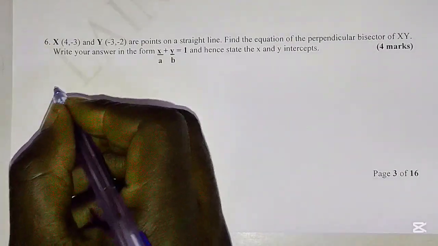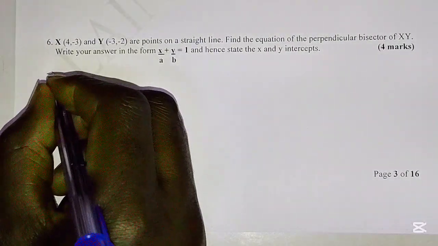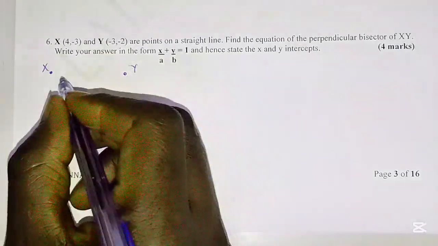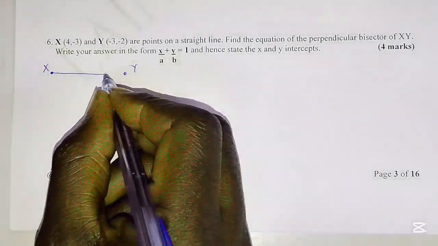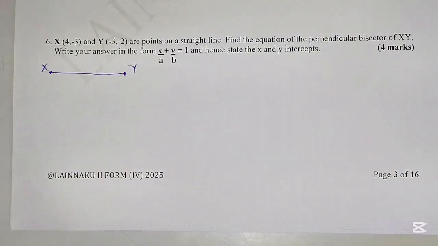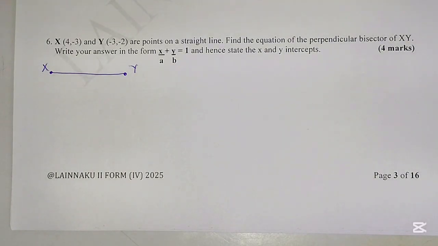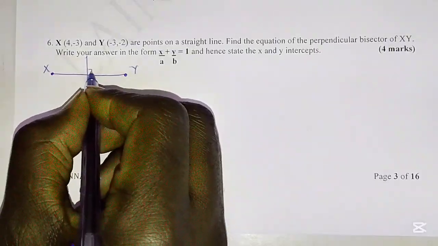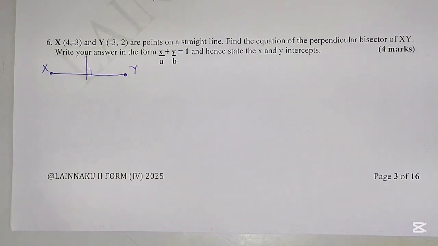So we can just try to sketch them. There is point X, then there is point Y. So if there are 2 points on a straight line, there is a perpendicular bisector to these 2 points.